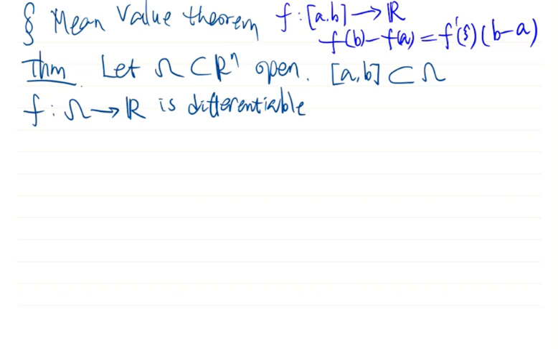I say that f is differentiable means that f is differentiable at every x in omega. The meaning of this function to be differentiable is that it is differentiable at any x in omega.